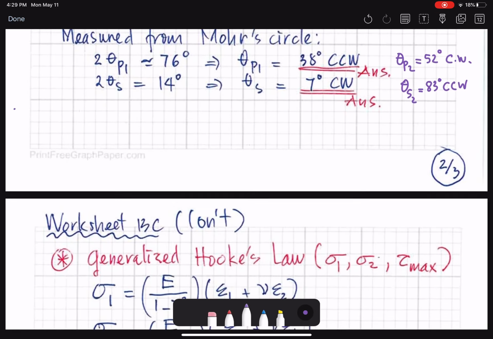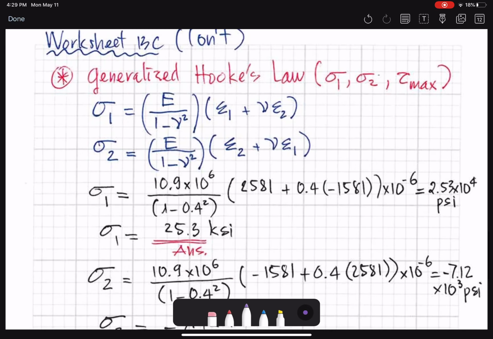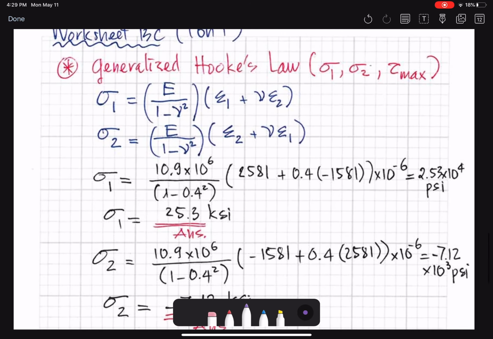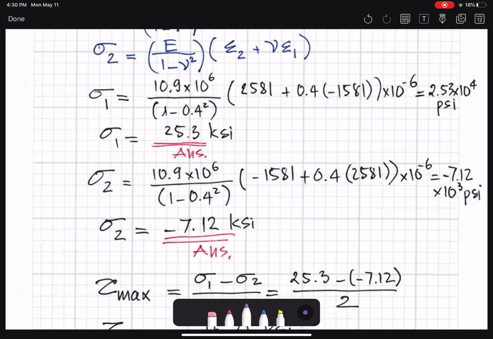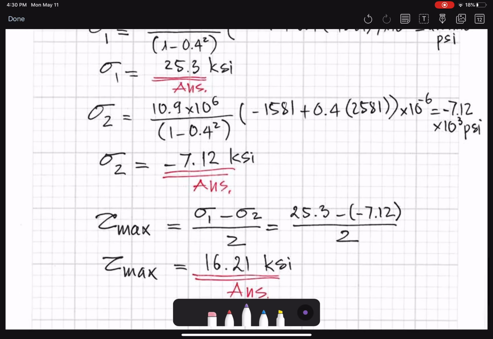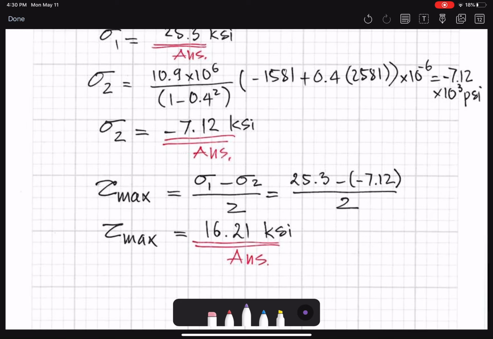And then from epsilon 1, epsilon 2, you can use the generalized Hooke's law, which is the second video in worksheet 13b. Similar to that, we have sigma 1 and sigma 2. Sigma 1 is 25.3 ksi, and sigma 2, the second principal stress, is negative 7.12 ksi. The negative stands for the axis 2 direction, where the normal stress in this case creates compression for the block.